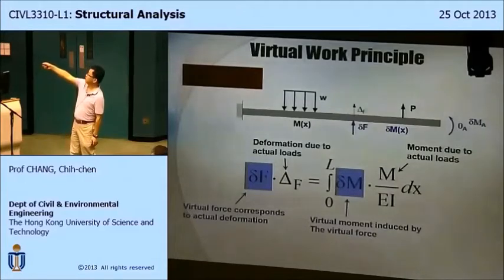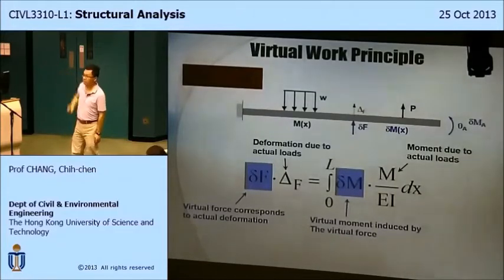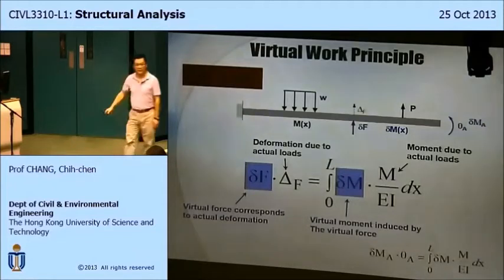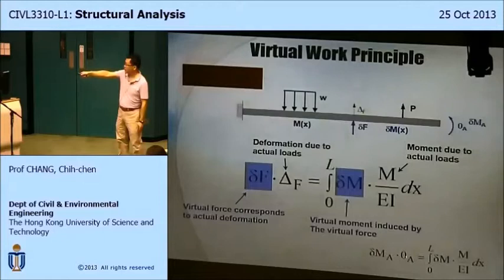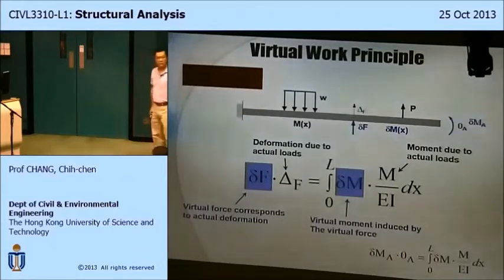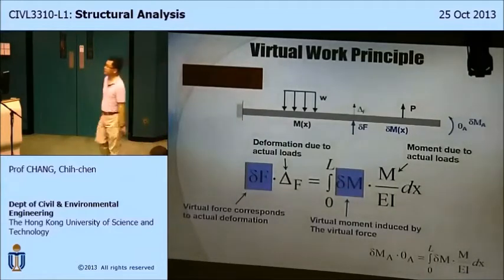So if you want to find that, you need to assume delta M. The equation goes like that. Instead of assuming delta F, now you assume delta M corresponding to theta A. That will be the virtual work, and this virtual work is going to be carried into the structure in the form of strain energy. This is the virtual strain energy. So it seems to be straightforward.